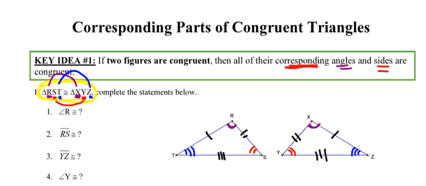And now that I've got everything labeled in my picture, I'm all set to go ahead and tackle those questions. In the first one, it says angle R is congruent to. Well, angle R is going to be congruent to the angle in the second triangle it matches up with or pairs up with or corresponds to. So the purple angle, I'm going to, in this course this year, name angles with three letters, always.